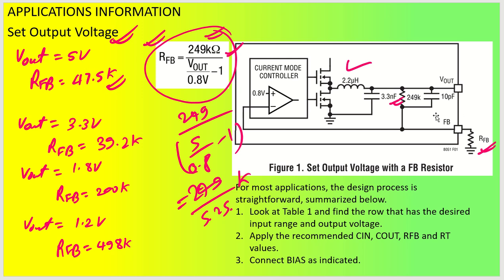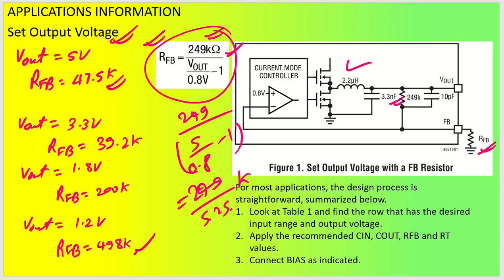Similarly, for an output voltage of 3.3 volt, 39.2 kilo ohm is the feedback resistor, and for 1.8 volt it comes to 200 kilo ohm. For a 1.2 volt output, we can have RFB as 498 kilo ohm.